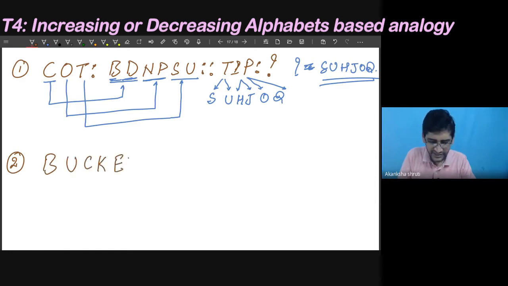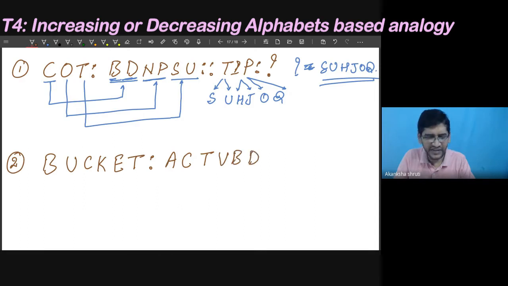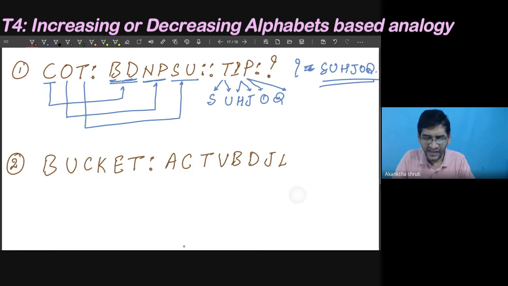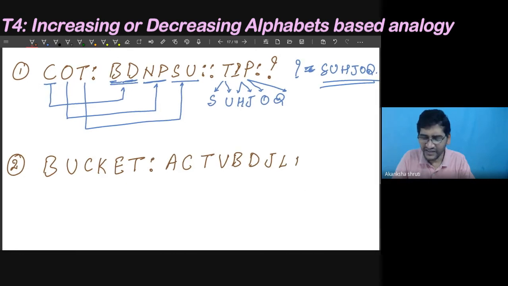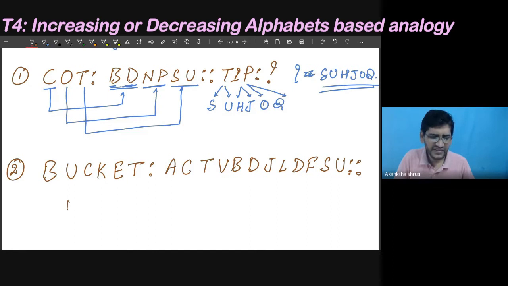Say BUCKET, bucket, is written as ACTVBDJLDFSU. Then this BONUS is to what?